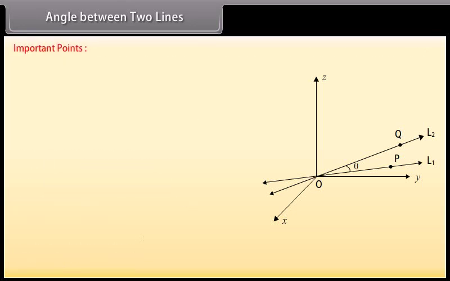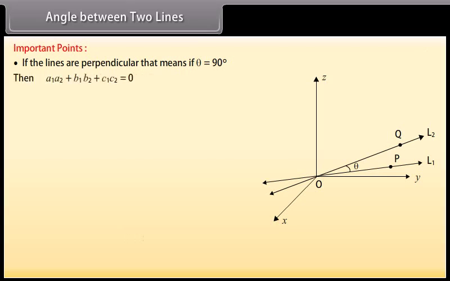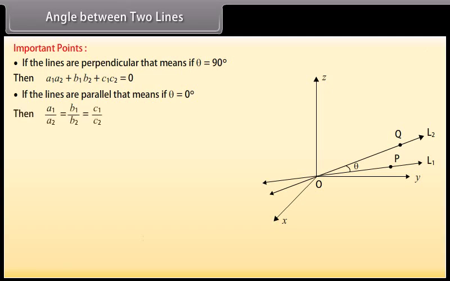Important points. If the lines are perpendicular, that means theta equals 90 degrees, then a1 a2 plus b1 b2 plus c1 c2 equals 0. If the lines are parallel, that means theta equals 0 degrees, then a1 by a2 equals b1 by b2 equals c1 by c2.